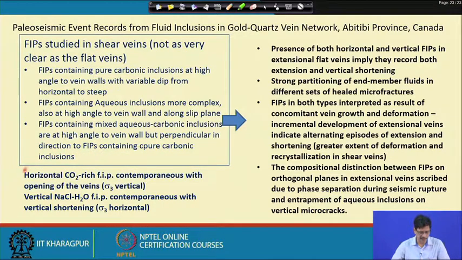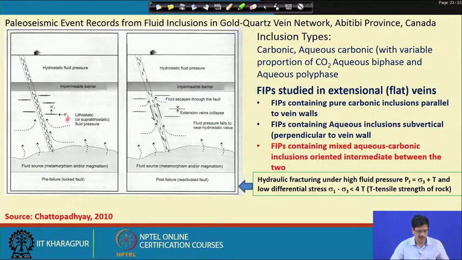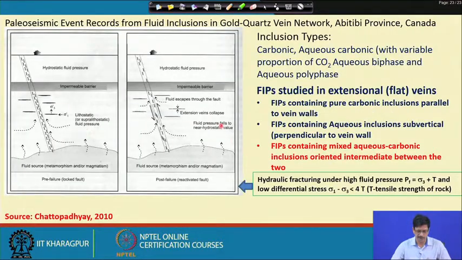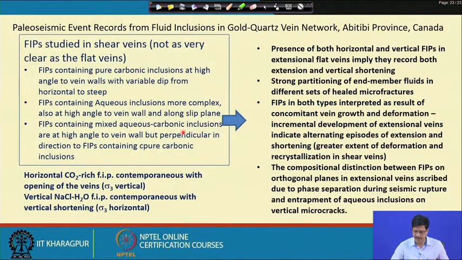So, the horizontal carbon dioxide rich fluid inclusion planes were contemporaneous with the opening of the veins where sigma 3 is vertical, as has been shown here, and the vertical NaCl H2O fluid inclusion planes contemporaneous with the vertical shortening, as has been shown here, and which are likely to give rise to this kind of mode 1 type of cracks, which will be sealed by deposition of quartz veins there.